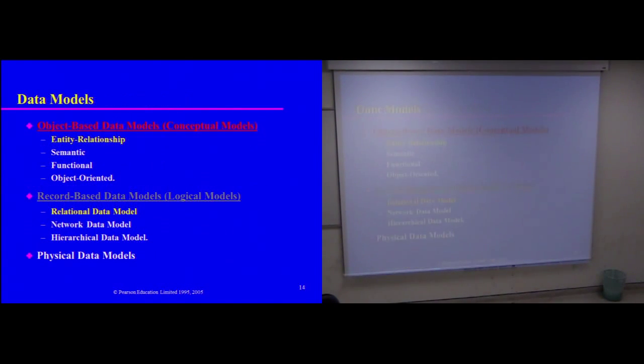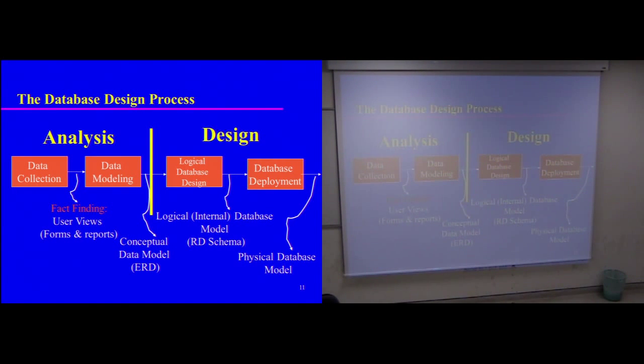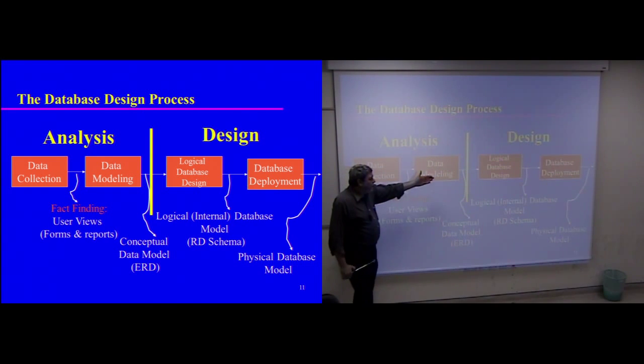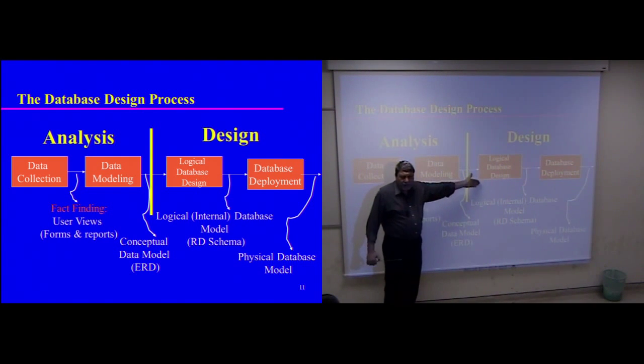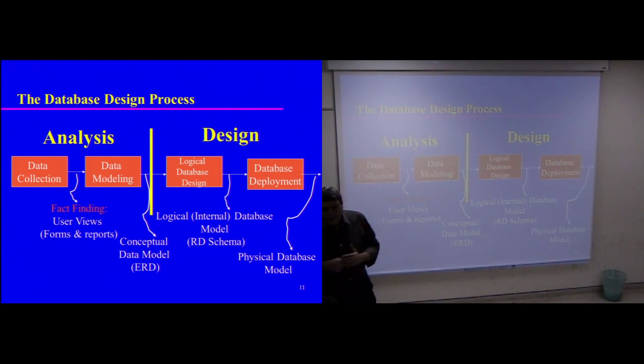Back to our process. The designer has to decide which of these data models is going to be used. Of course, we are going to use the relational data model.